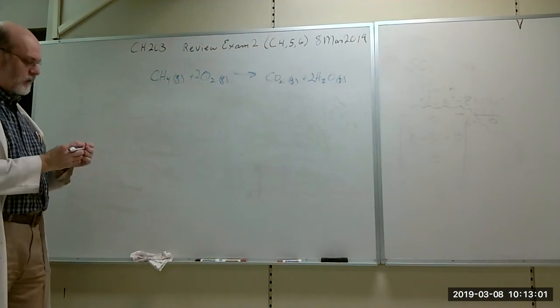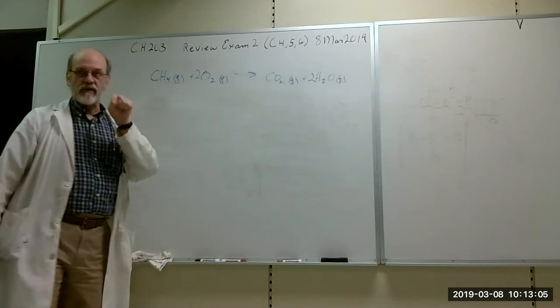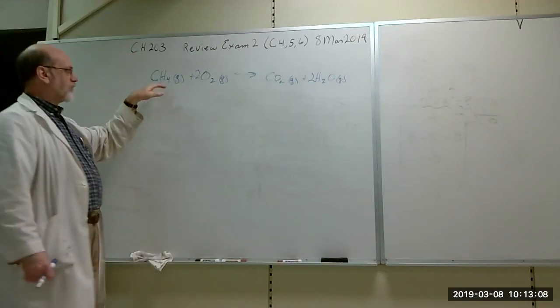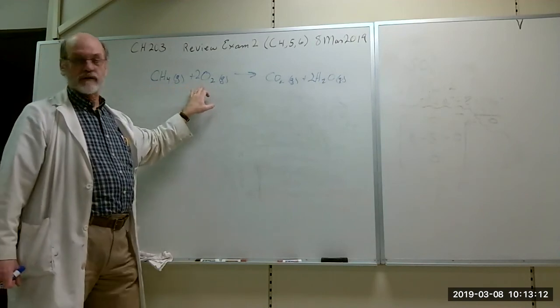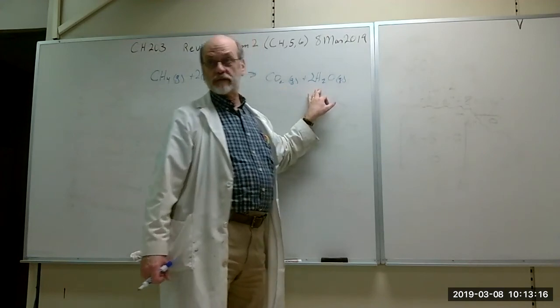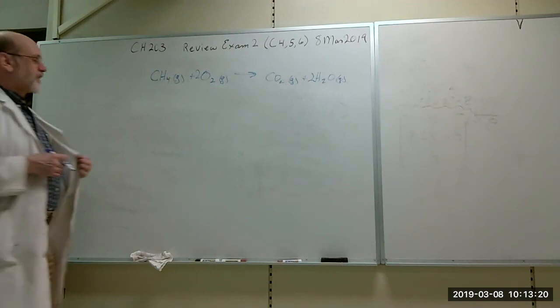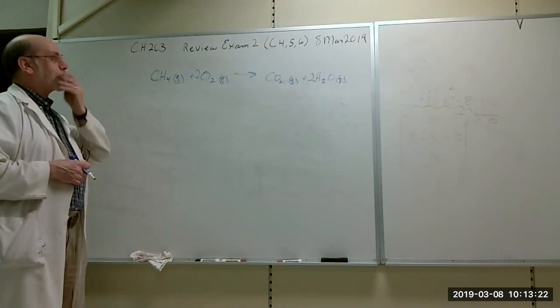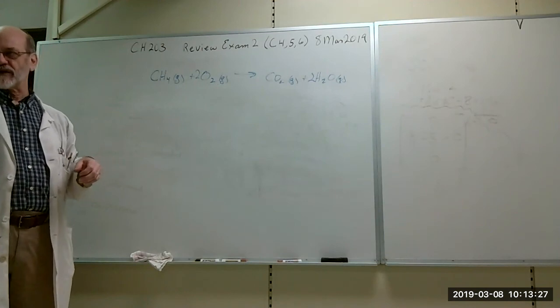Okay, what does that tell you? A balanced equation tells you what's going on in the microscopic world. 1 molecule of methane combines with 2 molecules of oxygen to make 1 molecule of carbon dioxide and 2 molecules of water. But my balance won't weigh individual molecules.